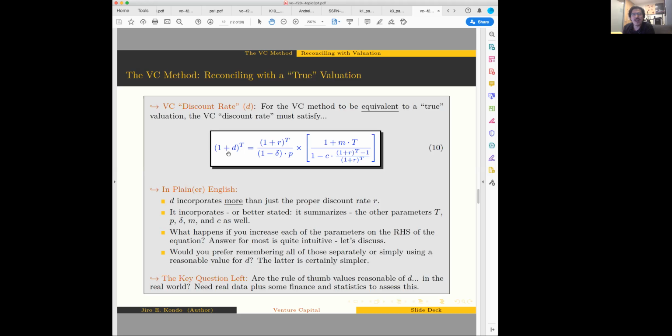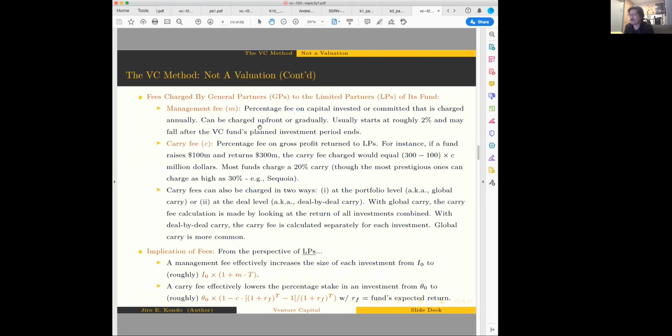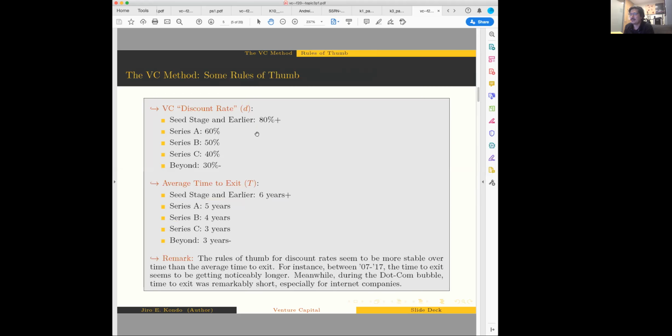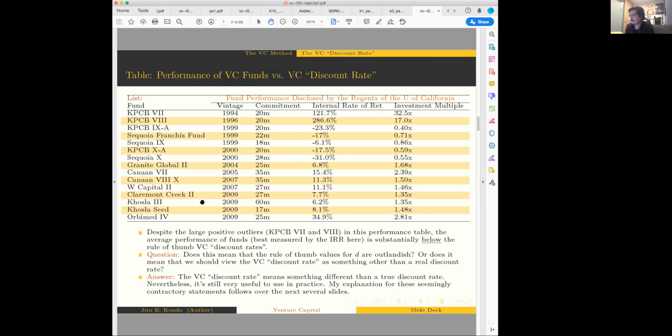We've got our rule of thumb values for D, right? So for a typical Series A, D is equal to 60%. And for a typical Series A, T, the rule of thumb value, is about 5 years historically.